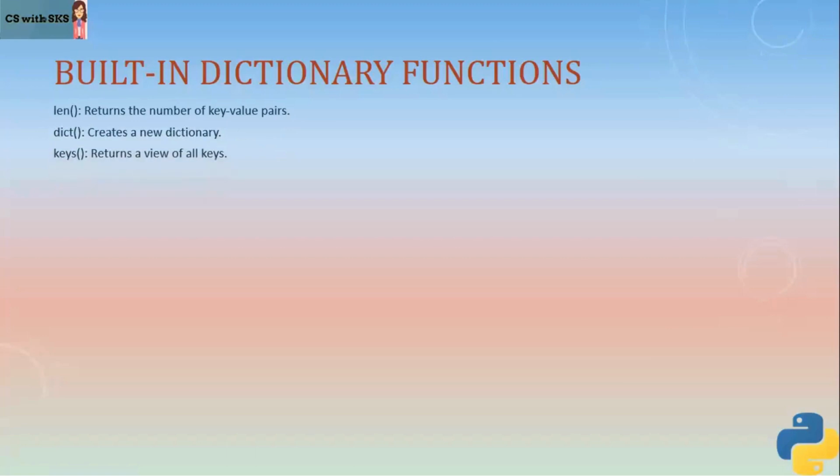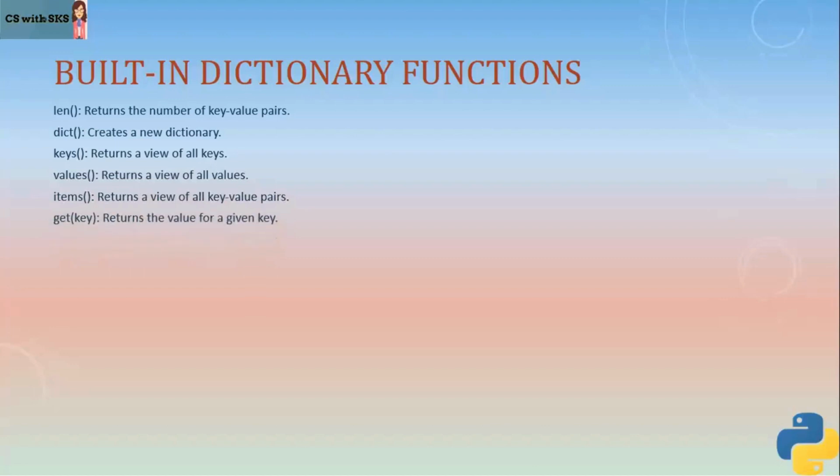Then keys returns a view of all the keys. Values will return a view of all the values. Items returns a view of all key value pairs, and we have used it just now. Get key returns the value of a given key. So whatever key's value you want to see, you can use that function.